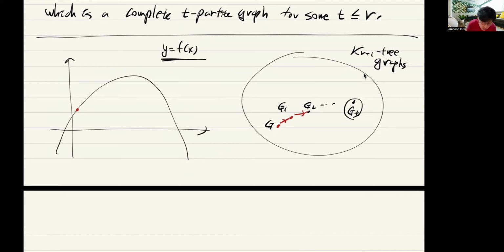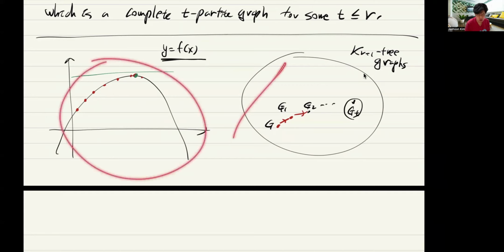For example, let's say you start here and then you just take a derivative there and then decide which direction to move. So here, you keep moving, and then at some point, you find the maximum point.